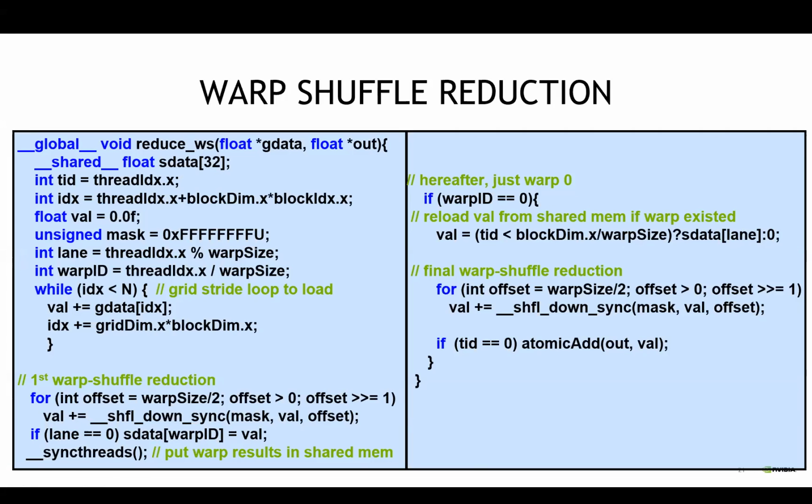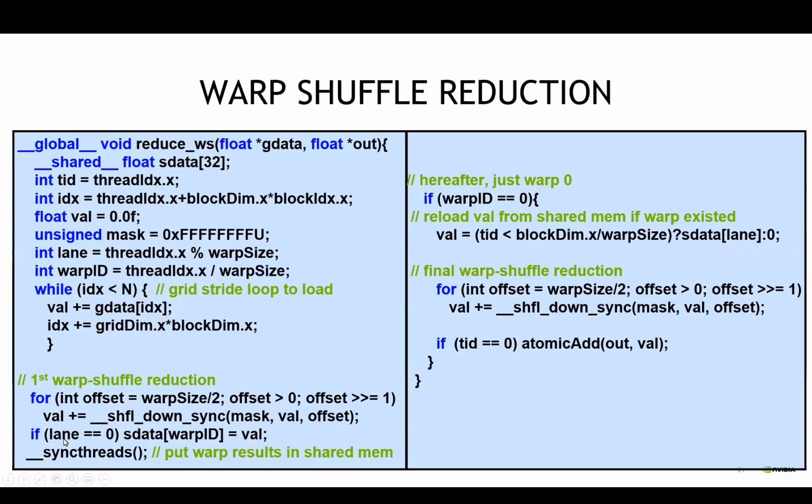So warp 0 will have a location, warp 1 will have a location, warp 2 will have a location, and so on. The maximum number of warps I can have in a thread block is 1024 over 32, so that's 32 warps. You can see that I've defined my shared data size to be 32. I can just use a fixed number here now. It's a relatively small amount of shared data, so I'm not too worried about using that much.